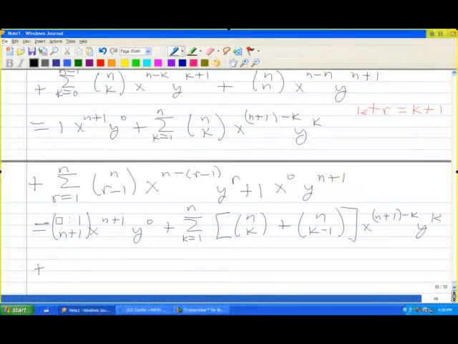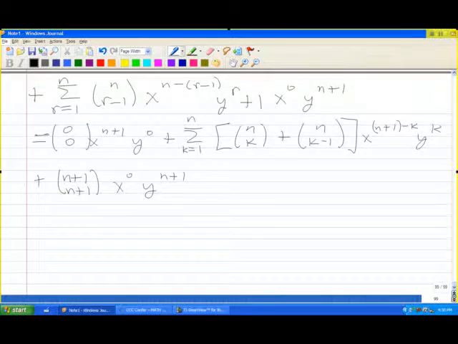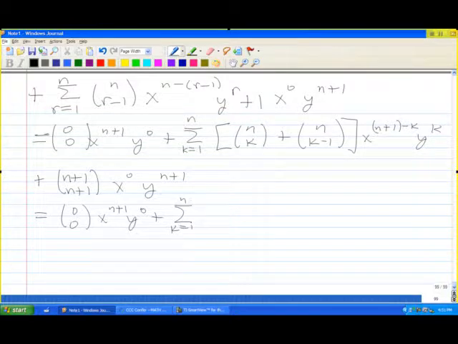Oh, I see. I did want to write this as 0, 0. And then this 1 here, I'll write as n plus 1 C n plus 1. This is x to the 0, y to the n plus 1. Now notice, the 0, 0 term is x to the n plus 1, y to the 0, then the sum with k equaling 1 to n.